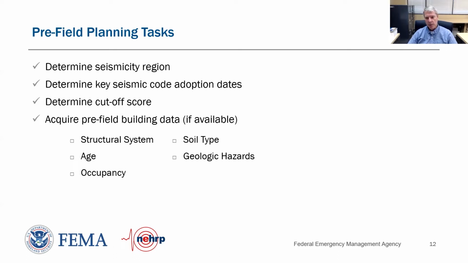The first part, though, is we need to determine the seismicity where our building resides, so we can select the appropriate form of the RVS. Then we'll look at code adoption dates. We'll talk about the cutoff score. What do the scores mean? What's a good score? What's a bad score, etc. And then we'll look at other pre-field information associated with our building.